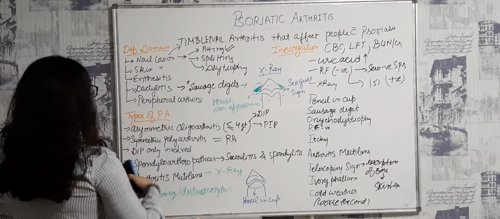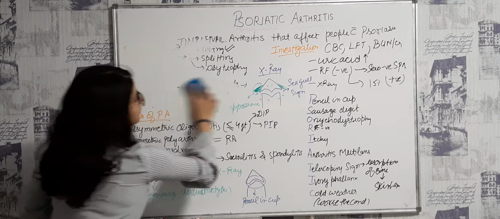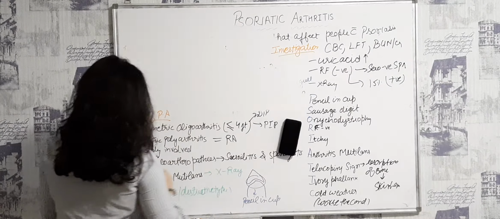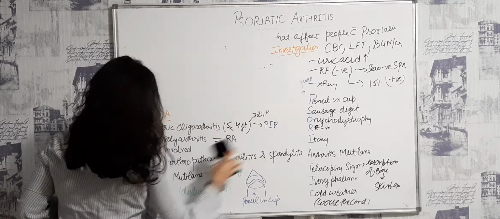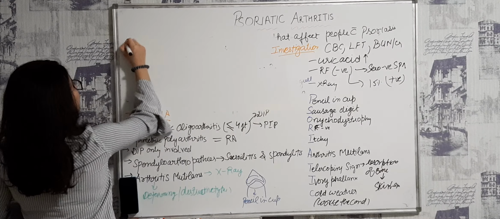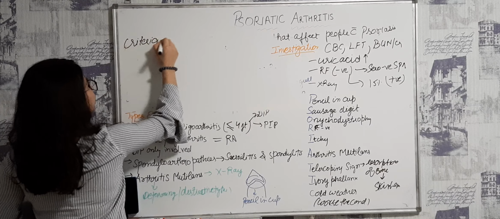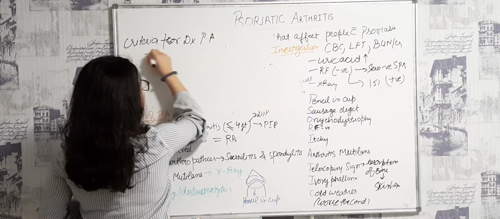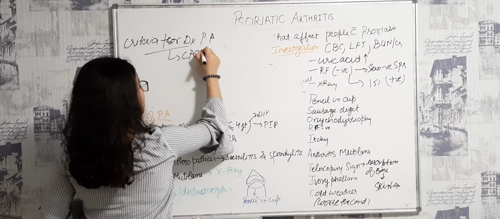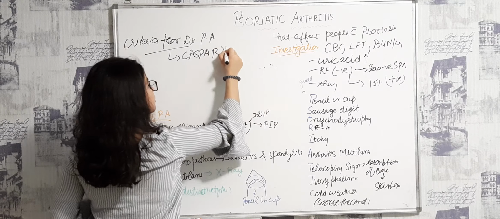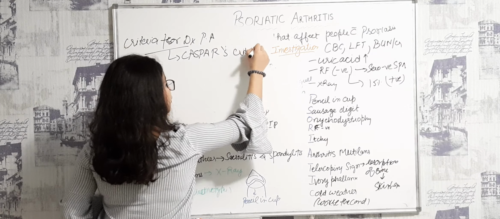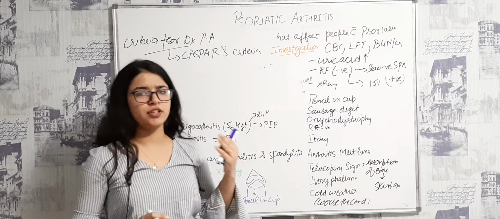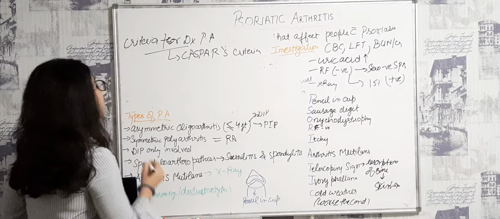And for the diagnosis of psoriatic arthritis, there is one criteria, that is CASPAR criteria. You have no need to remember all the things that come under the CASPAR criteria. Just remember, for the diagnosis we use the CASPAR criteria.